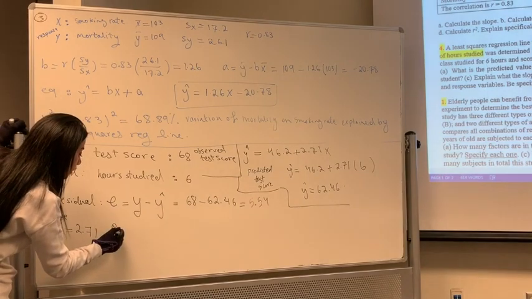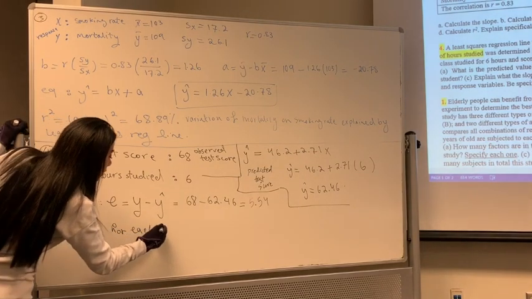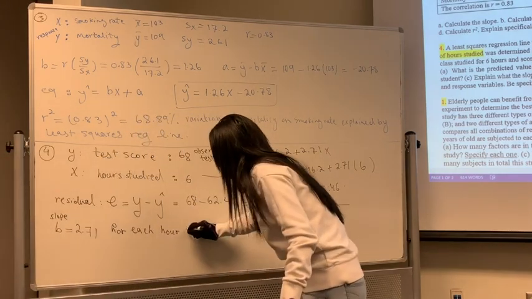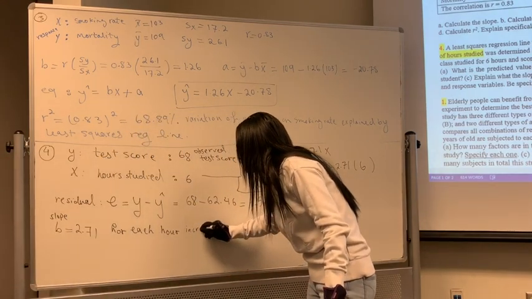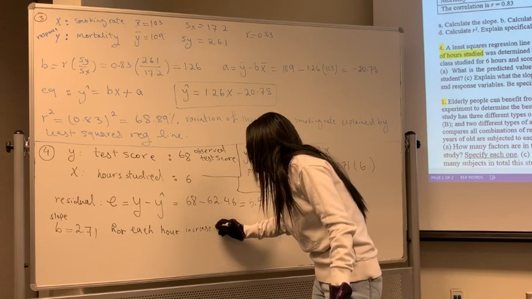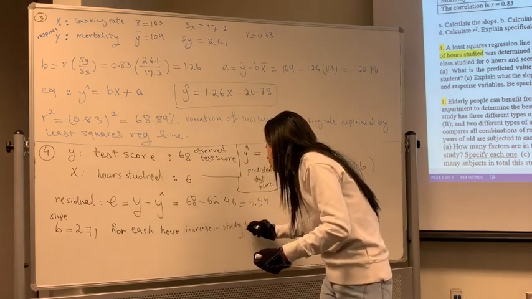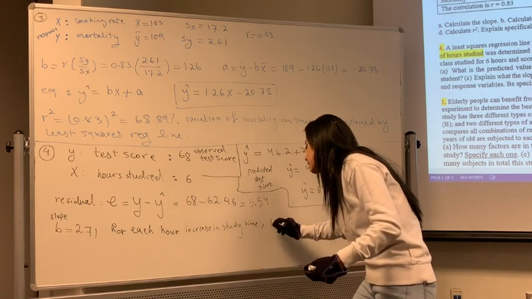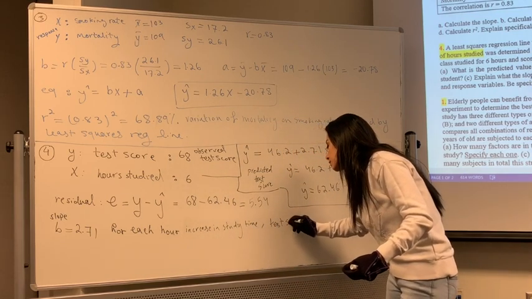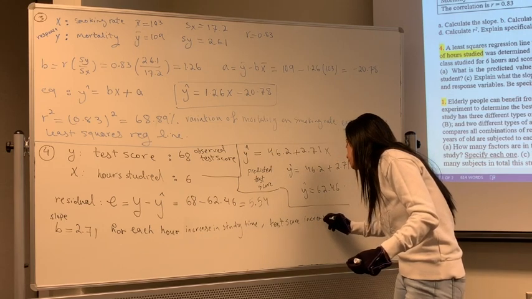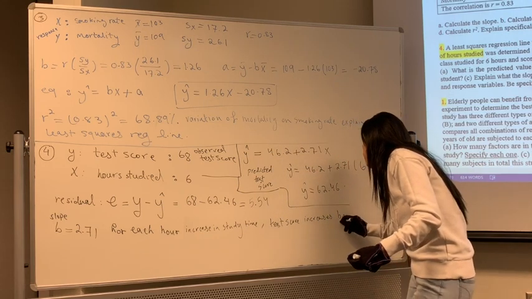So for each hour increase in study time, the test score increases by 2.71%.